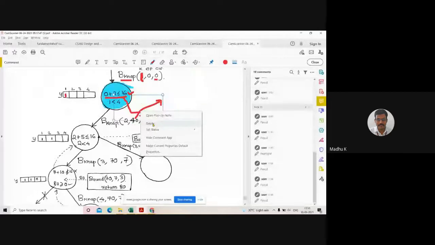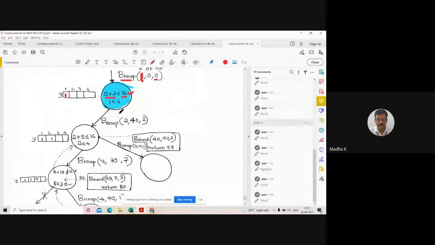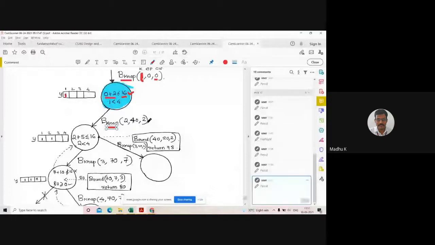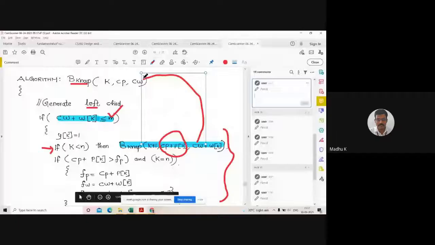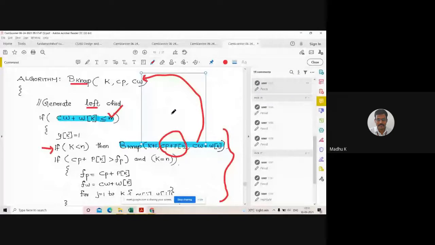I call the function bnap with 2 comma 40 comma 2. Calling this function again, that is recursion. It's a recursive one. So what will happen? The same process repeats.